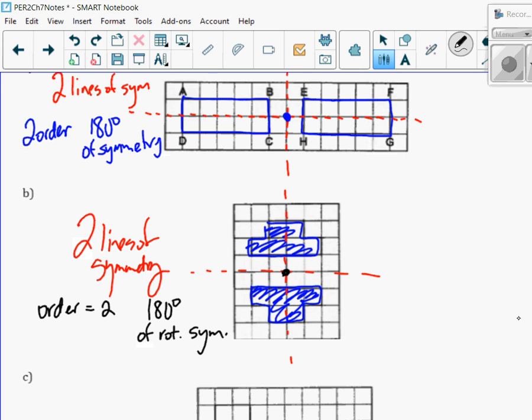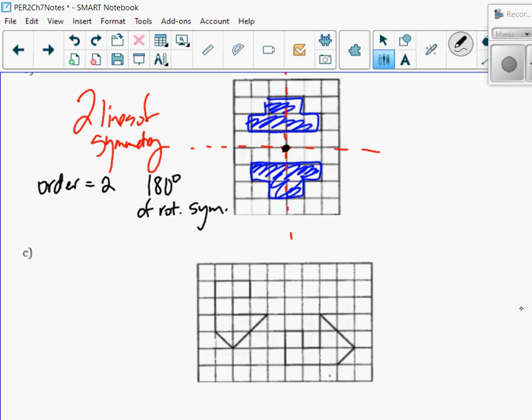Okay, this one's a little harder to see too, so I'll color it in for you. So it looks like this. You see that object better now? And this one goes like this.